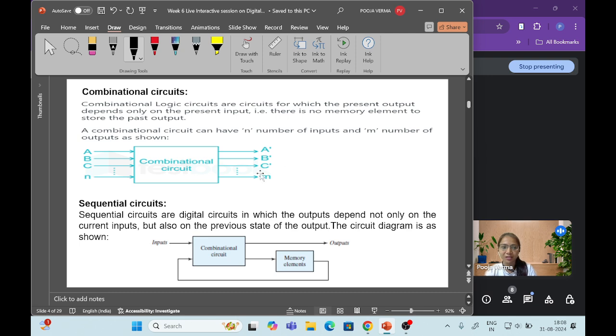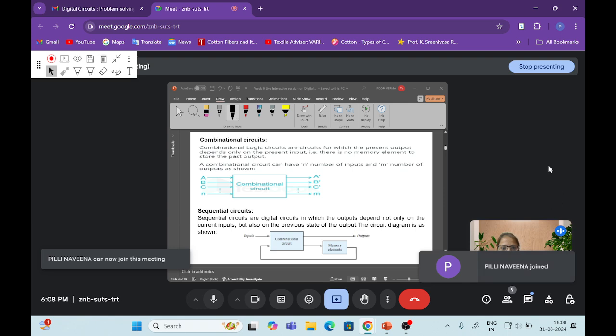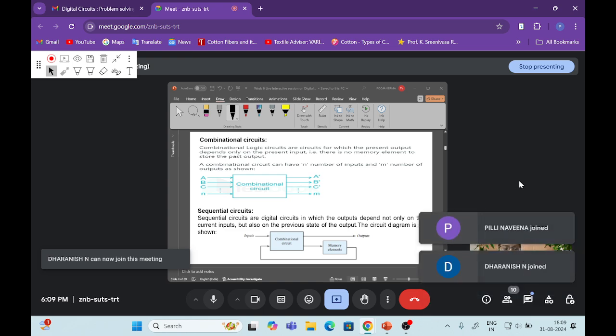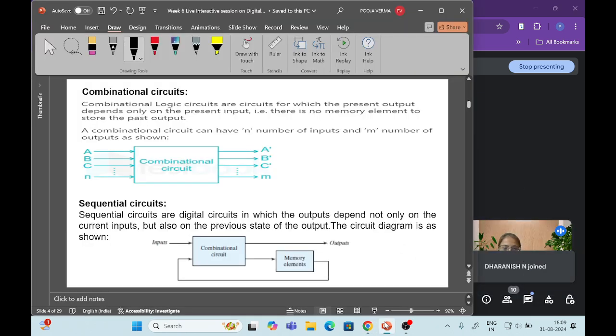So this is a description of the previous question. Already all of you know what a combinational logic circuit and a sequential circuit are, so I'm describing here once again. Combinational logic circuits are the circuits which depend on their present input and do not depend on the past input or past state. So it does not have a memory element to store the past output.